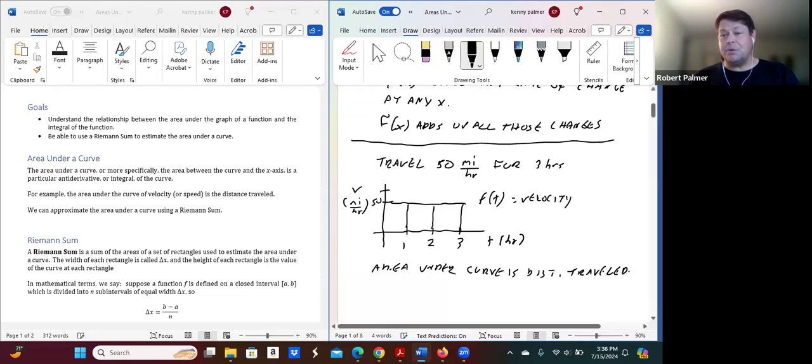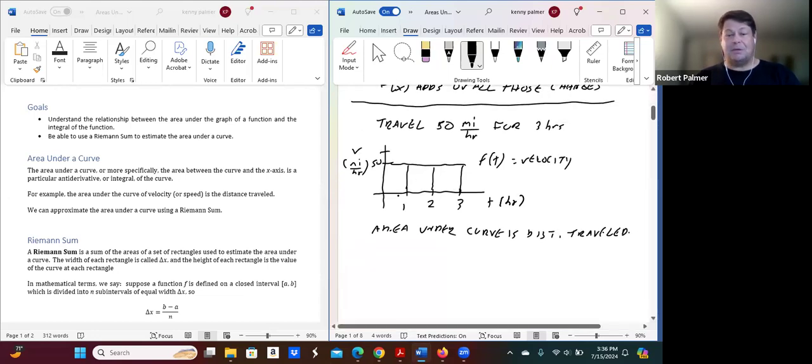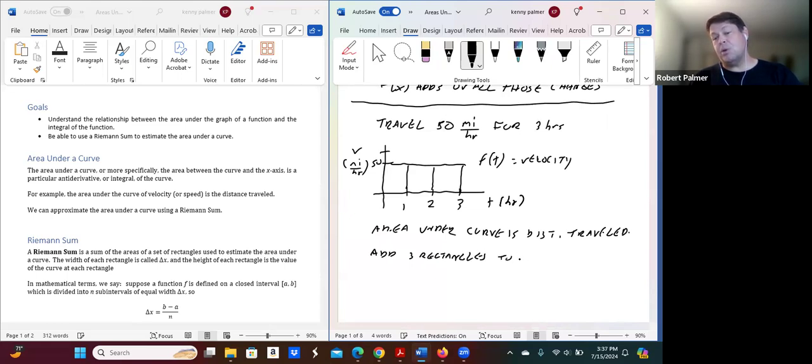We can do this pretty simply. We just made 3 rectangles. Each rectangle has a width of 1 and a height of 50. So add the 3 rectangles to get the total area.